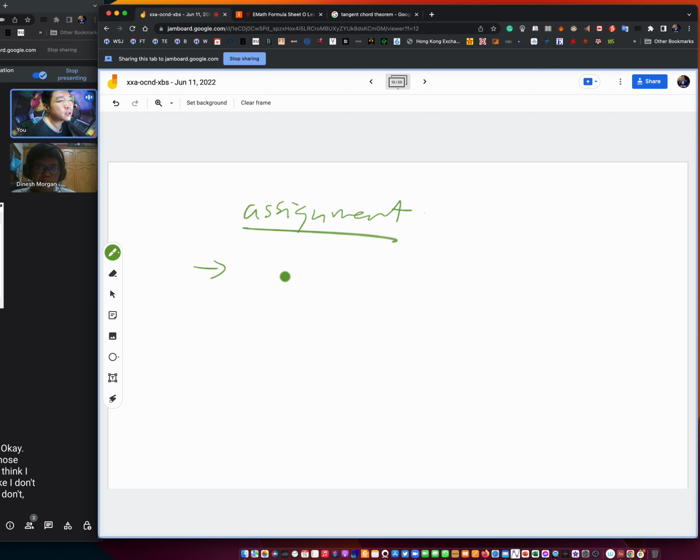I cannot remember the number of questions I've ticked, but focus on the equation of circle questions, and then focus on the kinematics. What we talked about the other time: equation of circle, kinematics, and then what else?